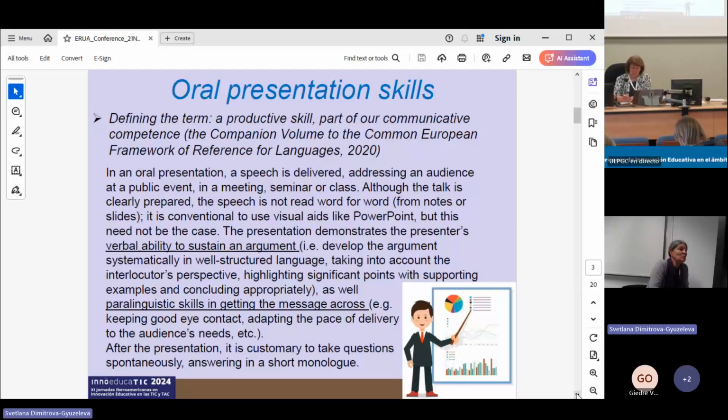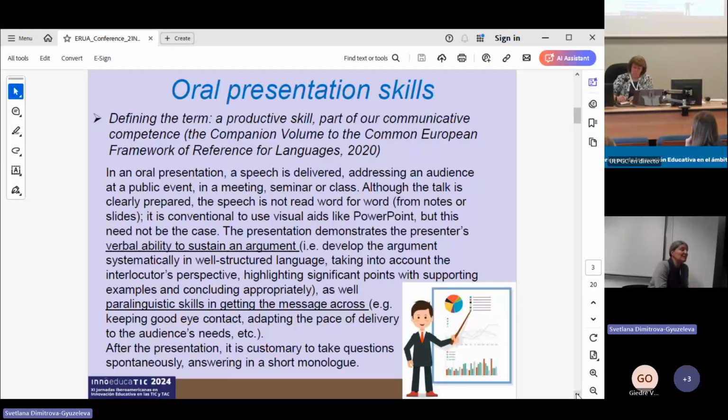The visual aids could be a PowerPoint presentation, like mine here, but it need not be the case. During the presentation, the presenter demonstrates their verbal ability to build up the argument systematically in good language, taking into account their audience's perspective, highlighting the significant points, supporting them with examples, concluding appropriately.